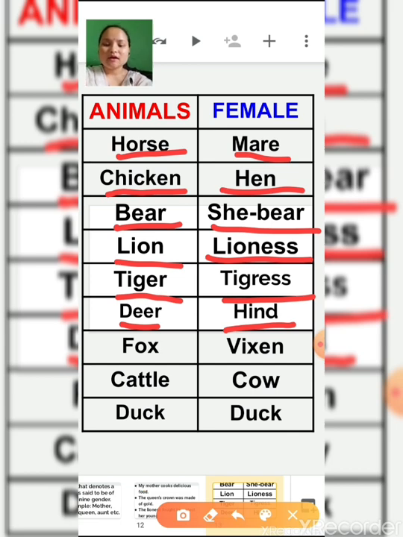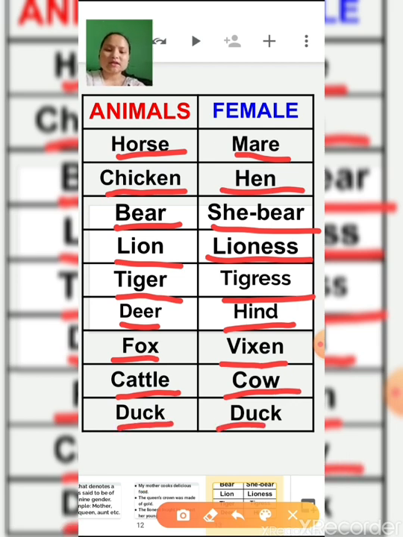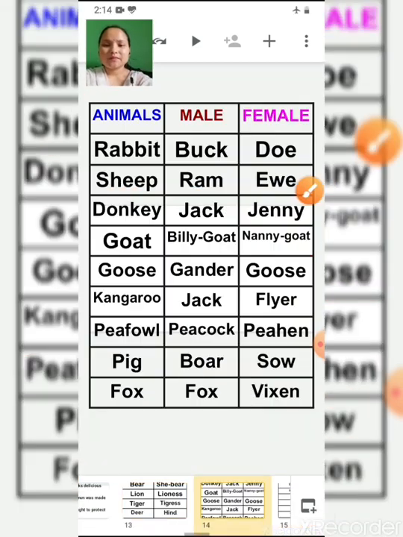H-I-N-D, hind. Fox. Female fox is known as vixen. V-I-X-E-N, vixen. Cattle. Female cattle is known as cow. C-O-W, cow. Duck. Female duck is known as duck. D-U-C-K, duck.